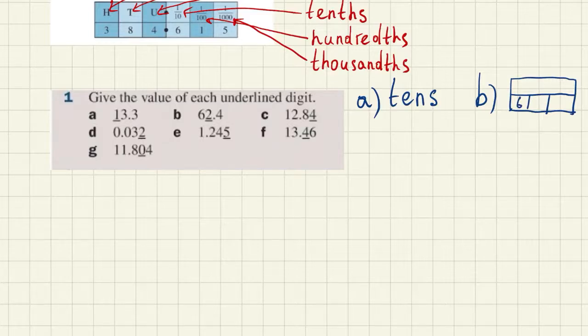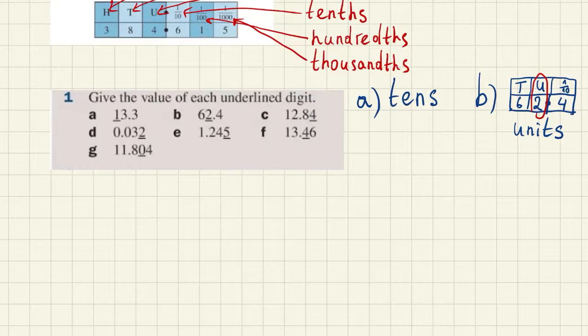We have 6, 2, and then point, and then we have 4, 62.4. So we start with tens, then we get to units, and then there is tenths, right? Not the same as tens. 1/10, like this. So what we have here is 2, which is of course units, right? So in B we have units.